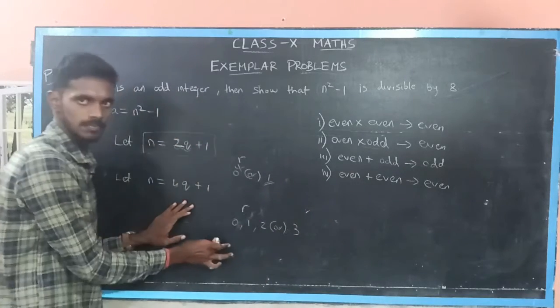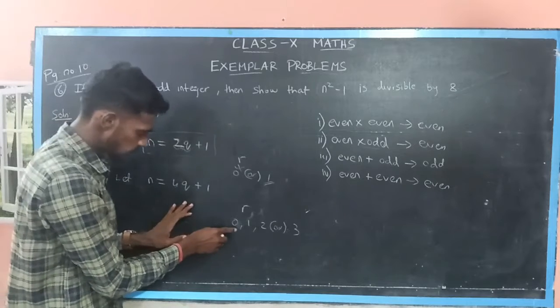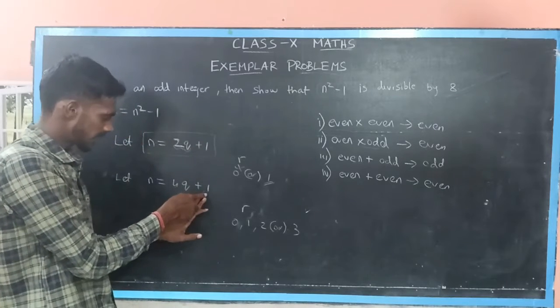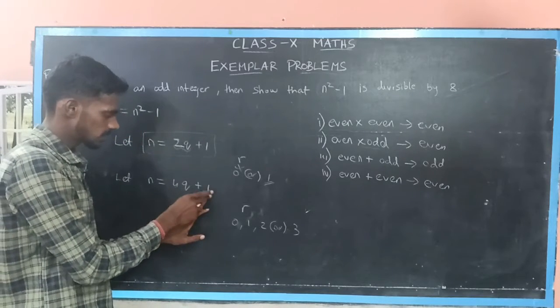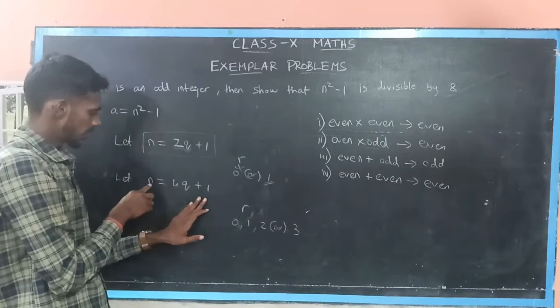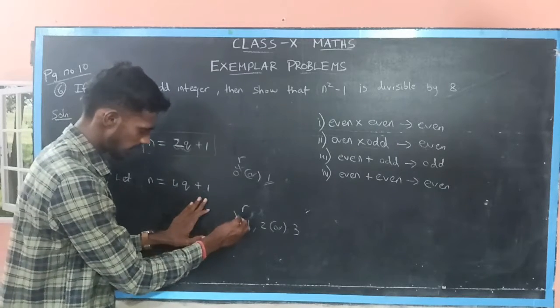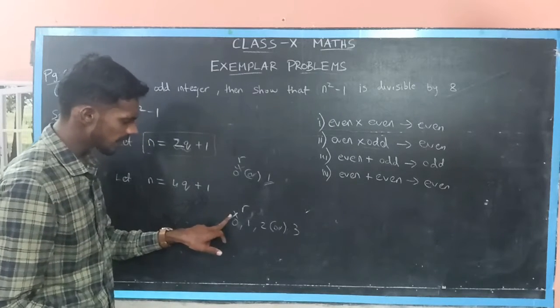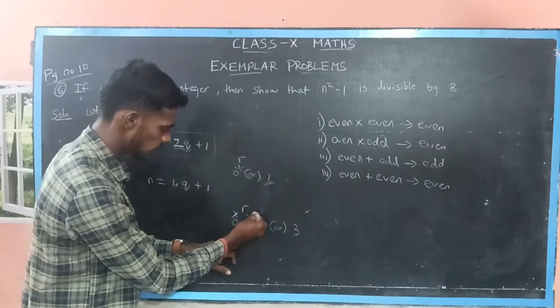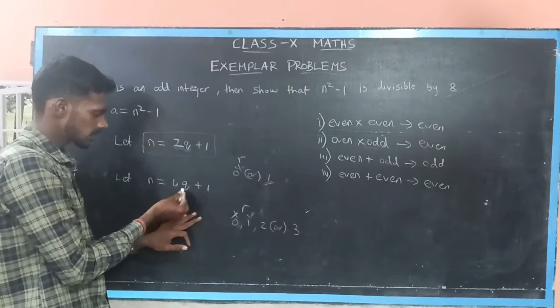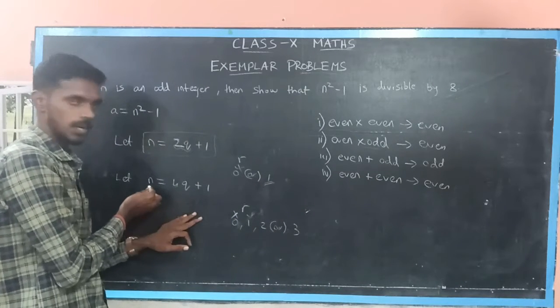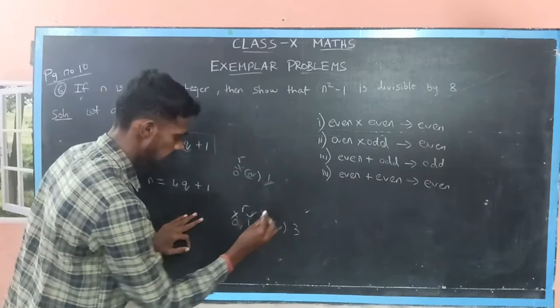Okay. But when I substitute 0 instead of r, I will get an even number, because even plus 0 is even. So, n would not be an odd number. So, I will not use the value 0. Then using the value 1, I will get an odd number, because even plus odd gives odd number. So, I am taking the value r to be 1.